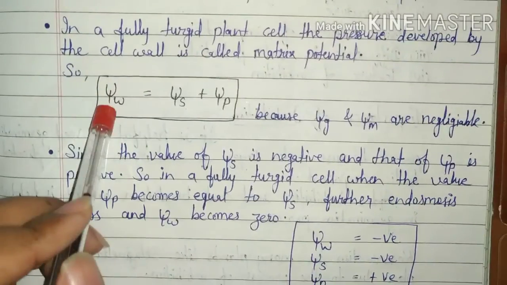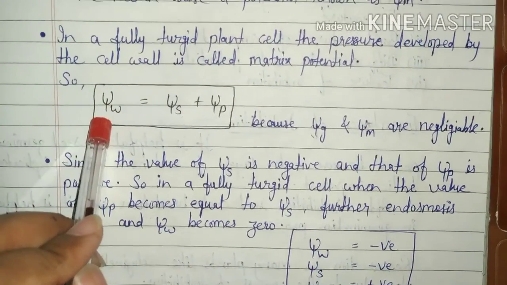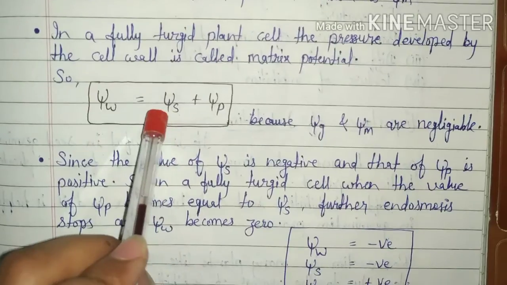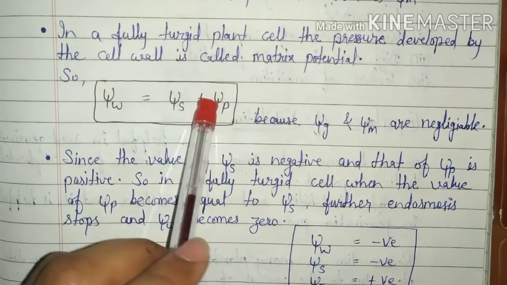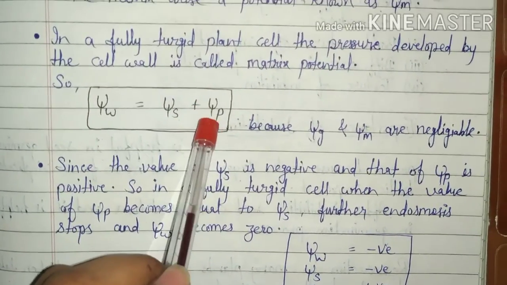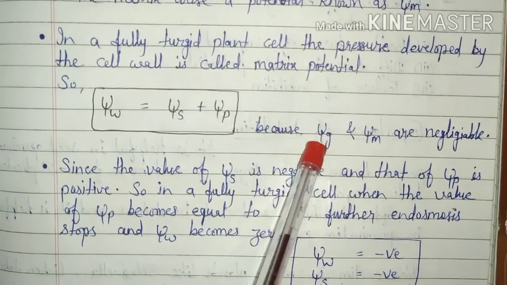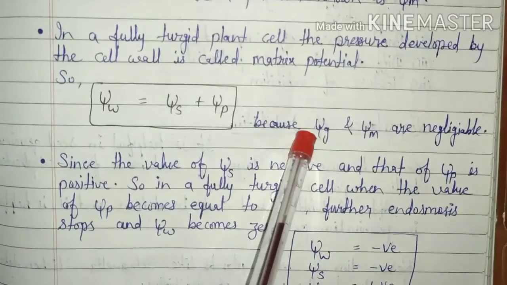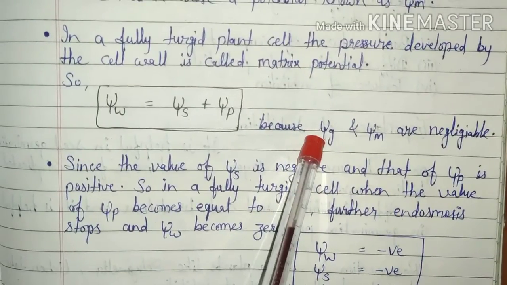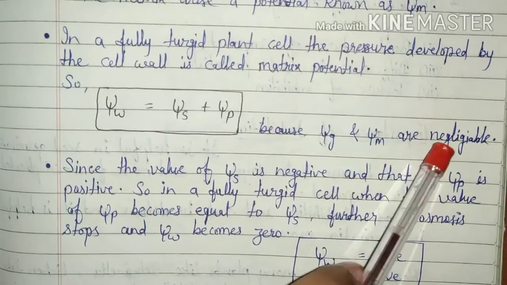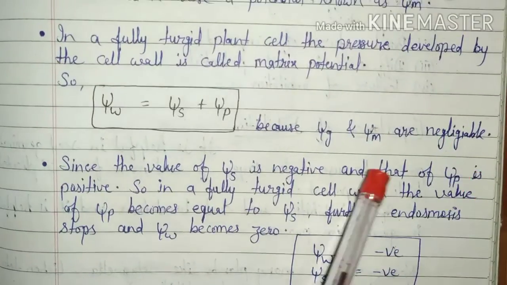So, water potential is equal to solute potential plus pressure potential, because gravitational potential and matrix potential are negligible.